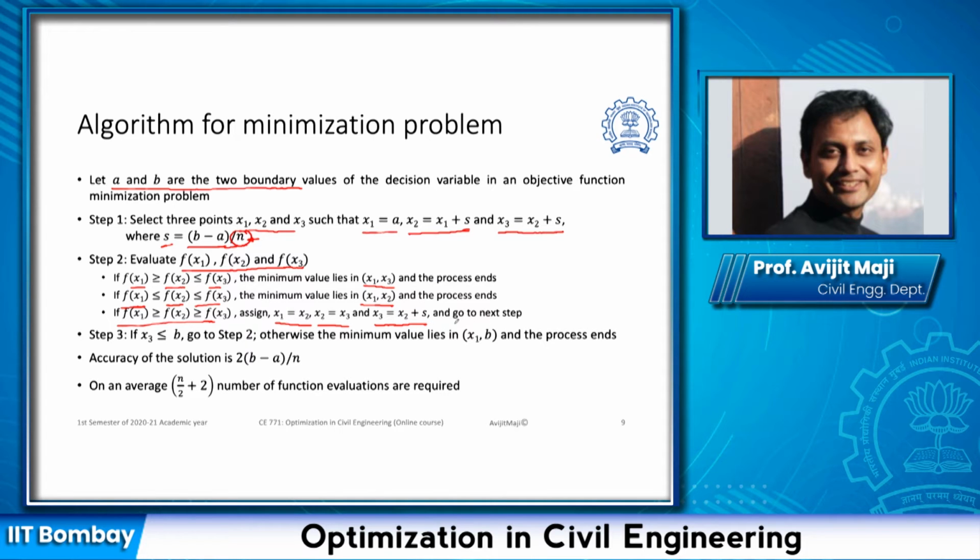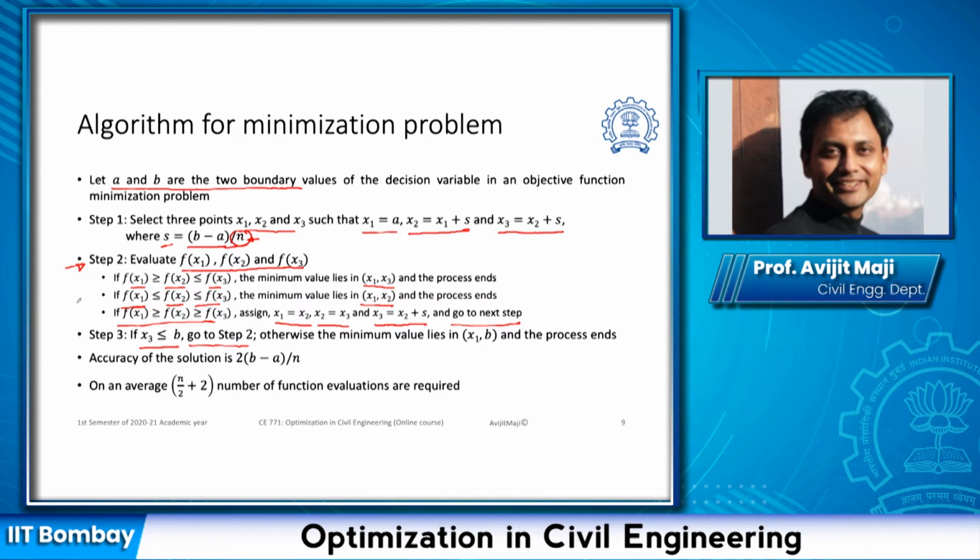Once we do that, we go to the next step where we check whether we have reached the other boundary or not. If we have reached the higher boundary, we cannot go any further, and we stop there. If not, then we go to step 2, where we compare the function values and make a decision on the process.